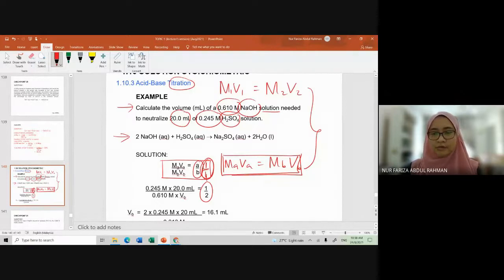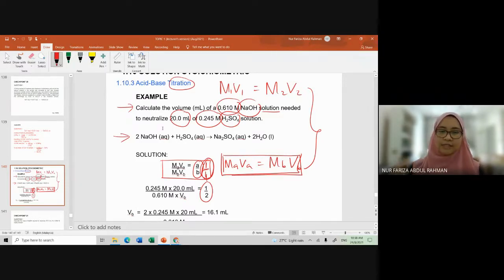Okay, so how can you use the formula if it is the same? Ya, formula wise mungkin sama, provided that the ratio is 1:1. Okay, alright. So you can insert into the formula, or alternatively you can use dimensional analysis, where we can link the ratio of the acid and base.